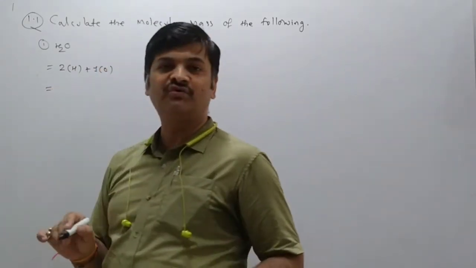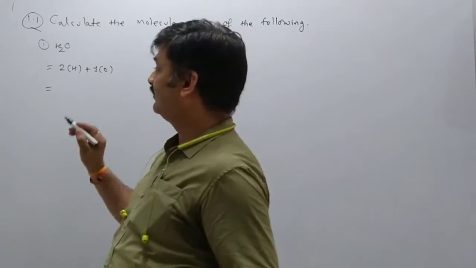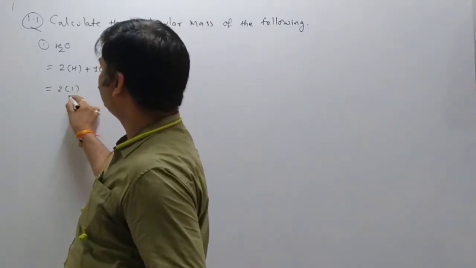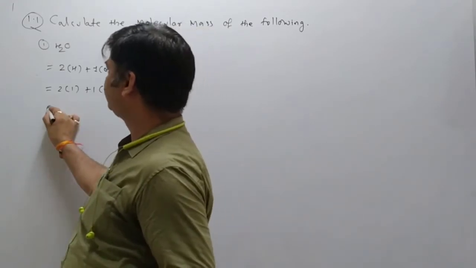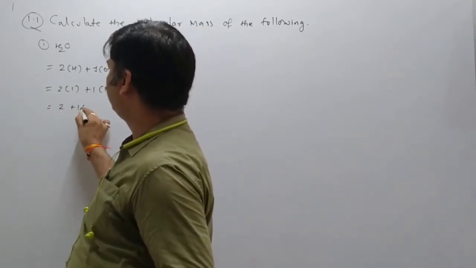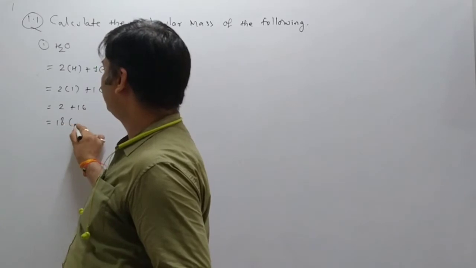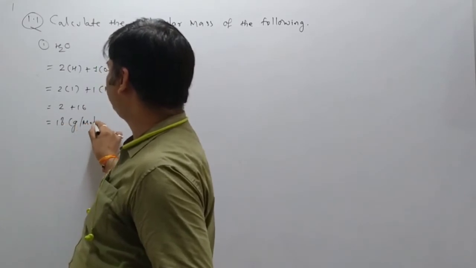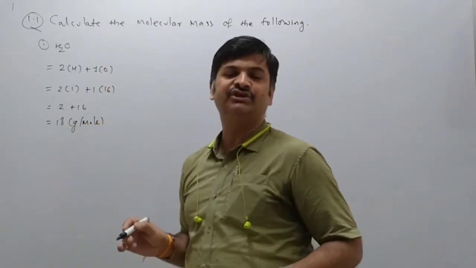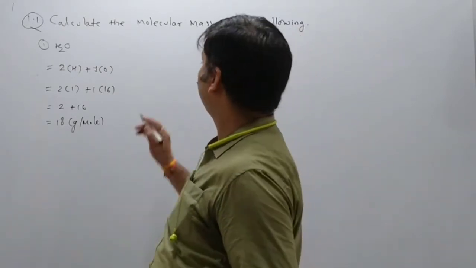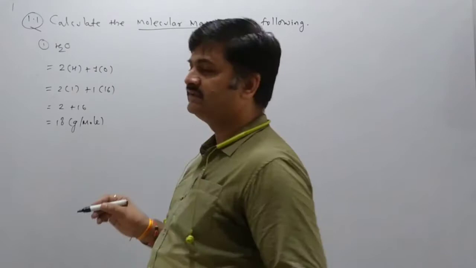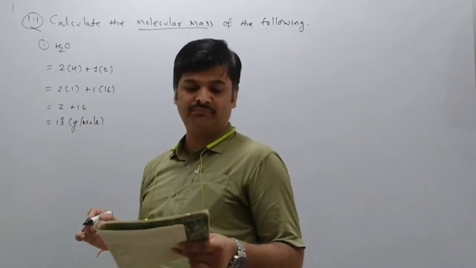From the periodic table, the mass of hydrogen is 1 and the mass of oxygen is 16. Here 2 plus 16, 18 gram per mole. This is the unit of molecular mass.